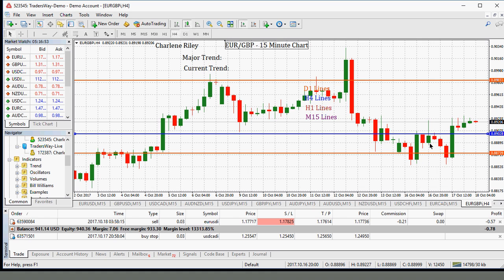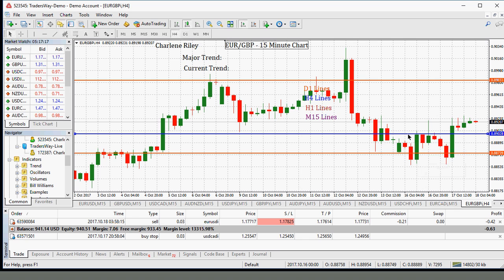Went back down. Started here, went up, but it wasn't a consistent breakthrough. Then got over here, went down, down, down, and finally on this candlestick it broke through. So this was a pretty good line of support and resistance for a while.